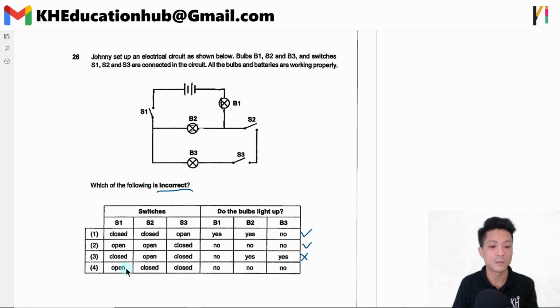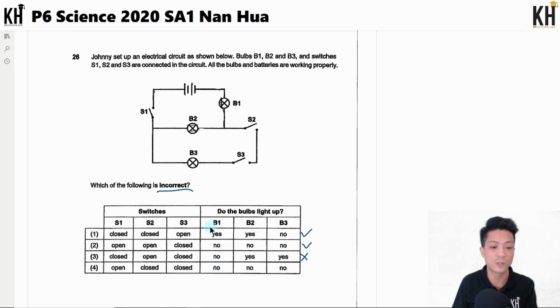Option 4, when switch 1 is open, switch 2 and 3 are closed. Remember, when switch 1 is open, then none will light up. Okay, so option 3 is the answer.